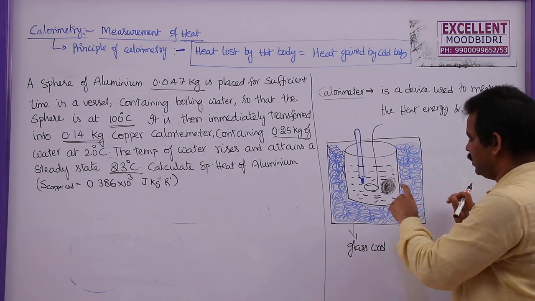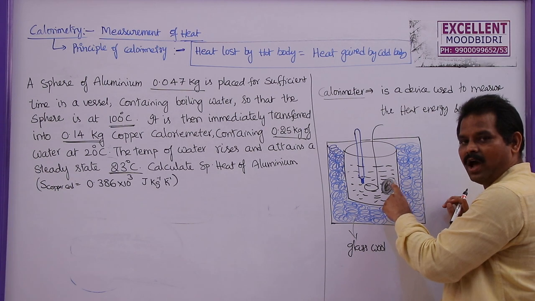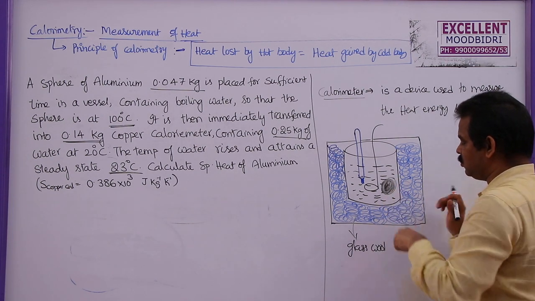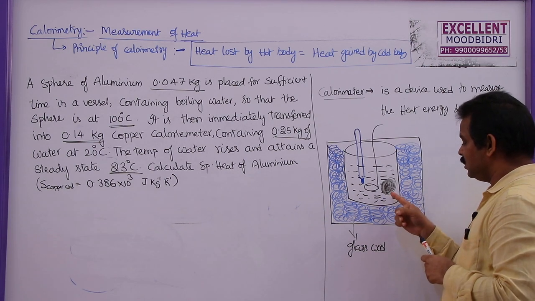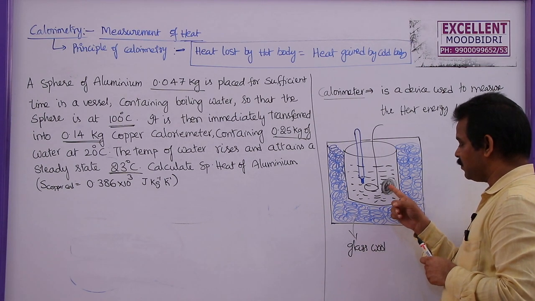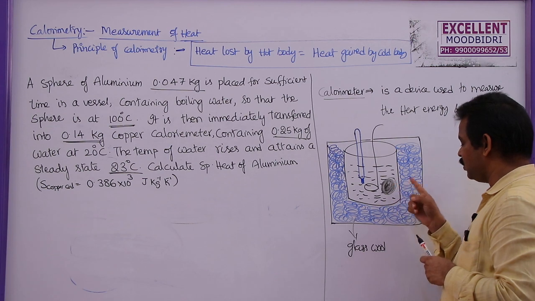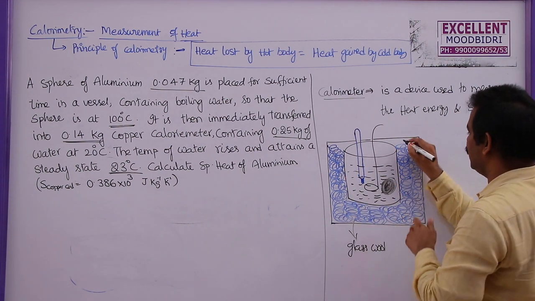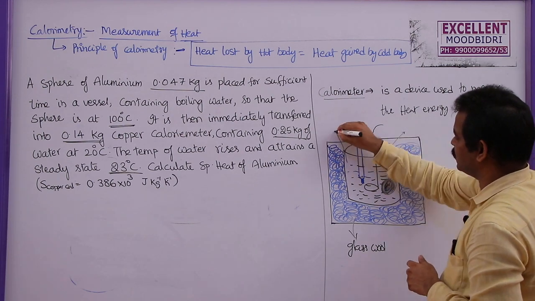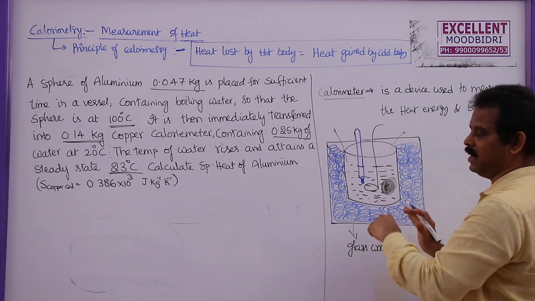If you observe this diagram, heat lost by this hot aluminum is equal to heat gained by water and copper calorimeter. Why? Because the heat taken from this aluminum sphere will not go to the surroundings, as it is an isolated system and no heat exchange takes place between the system and the surroundings on all sides.